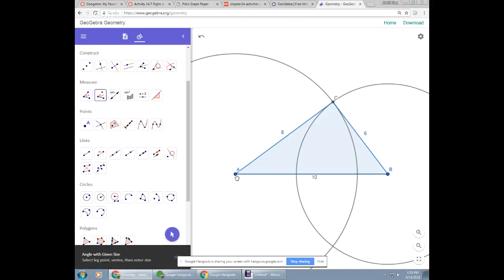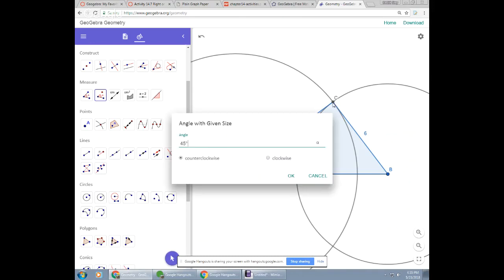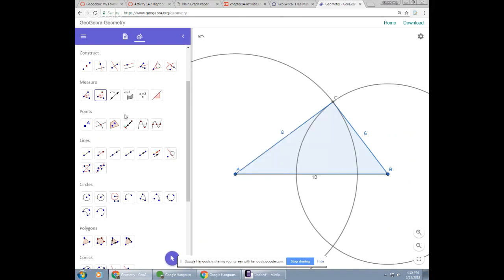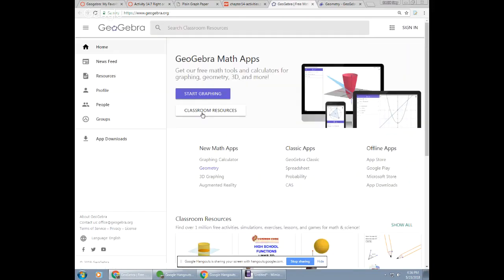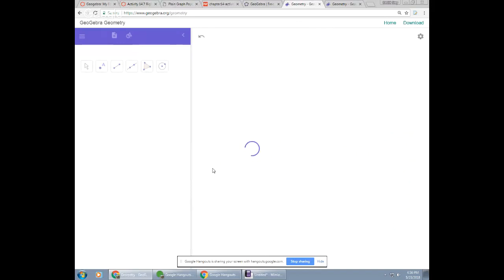I could use the angle measure tool. GeoGebra says, oops, wrong angle measure tool on that one. And GeoGebra says, hey, that's a 90-degree angle. Okay. I'll just do that one more time to show you how to do it if you want. Or you could just cut out those squares and do it that way.